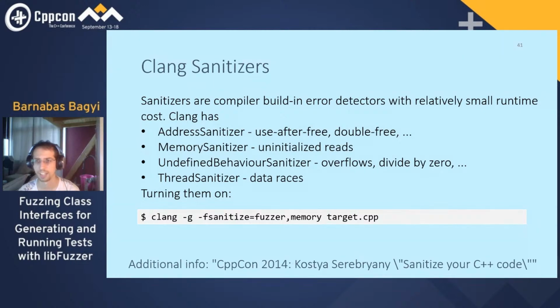Lastly, thread sanitizer is all about finding data races. These can be turned on by enumerating the sanitizers with commas in between, after the -fsanitize flag. One thing to keep in mind is that address sanitizer and memory sanitizer both try to hijack the allocation functions, and so they are not compatible with each other.